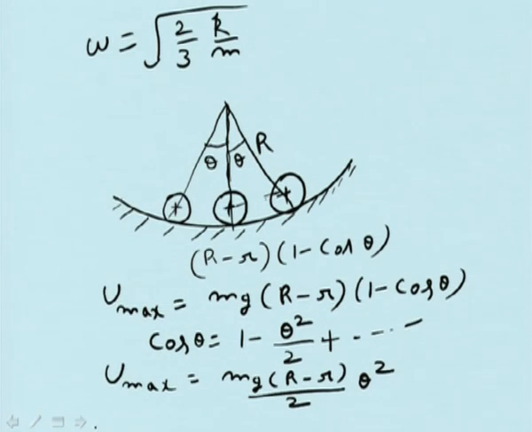Now for small rotation, the velocity of the mass center is Vc is equal to R minus r theta dot.